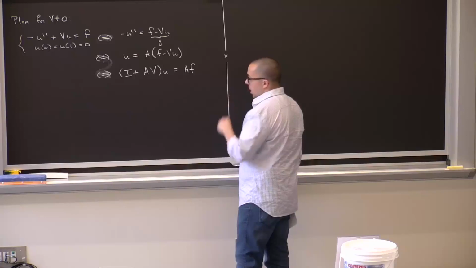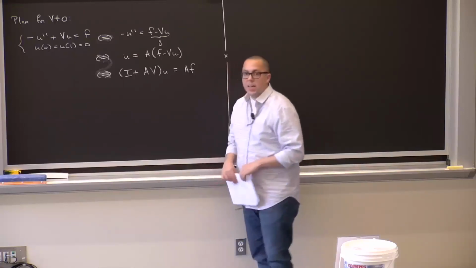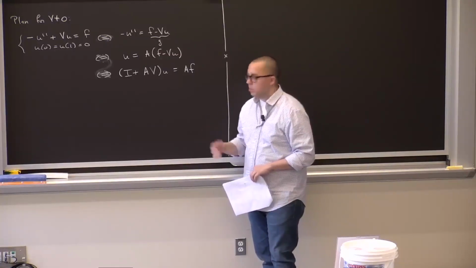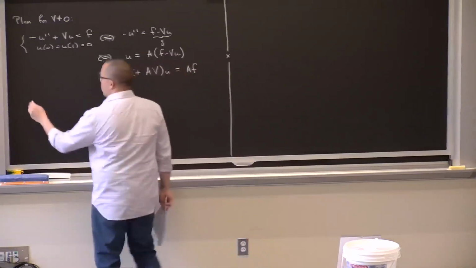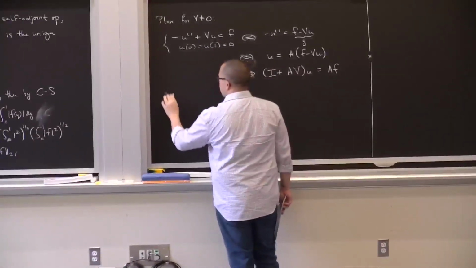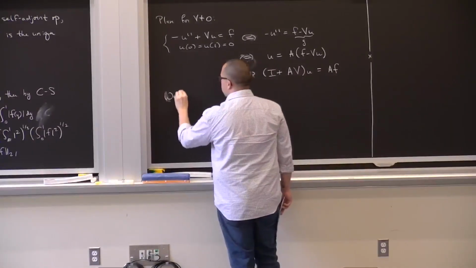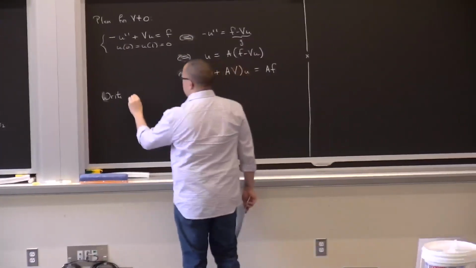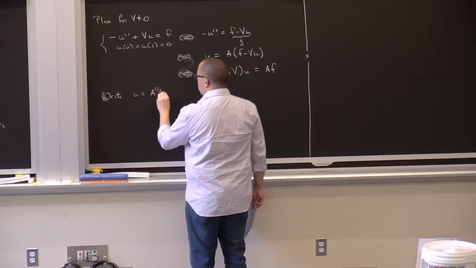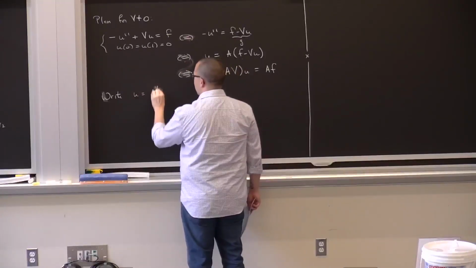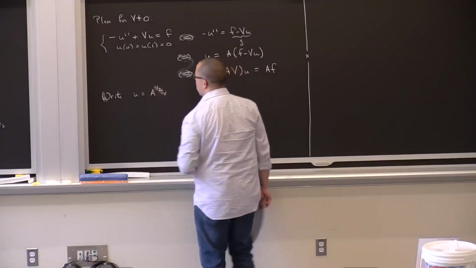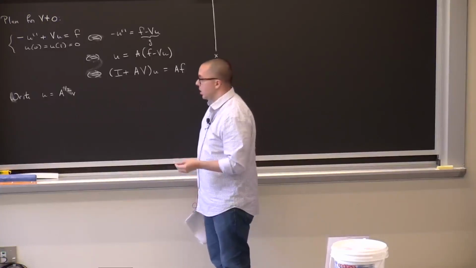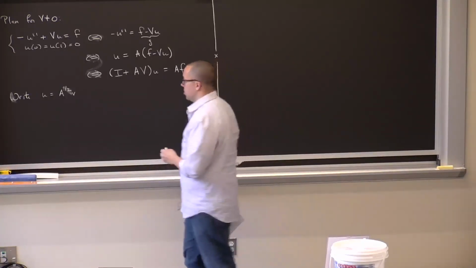But we can get around that and reduce ourselves to studying an equation that involves compact self-adjoint operators by a nice little trick. So write u as A to the 1/2 applied to v, A to the 1/2 meaning its square gives me A. The fact that such a thing exists is not clear right now, but we will show it in fact exists.